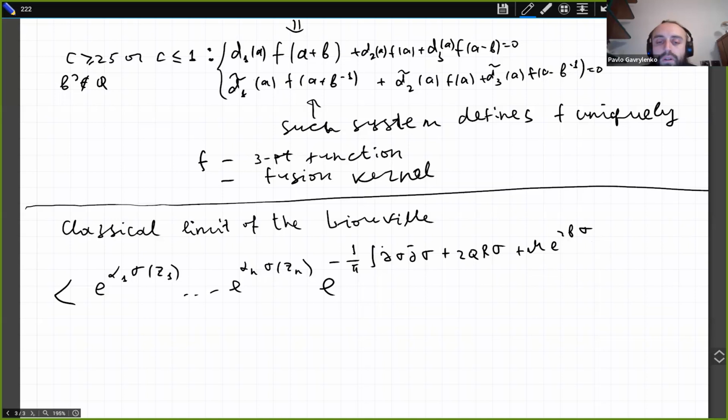D sigma d2c. Let us drop this down. So I want to do this integral d sigma.